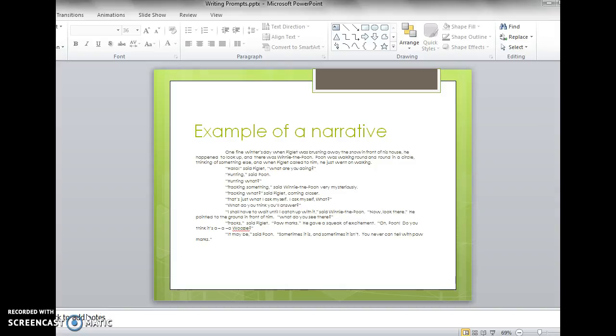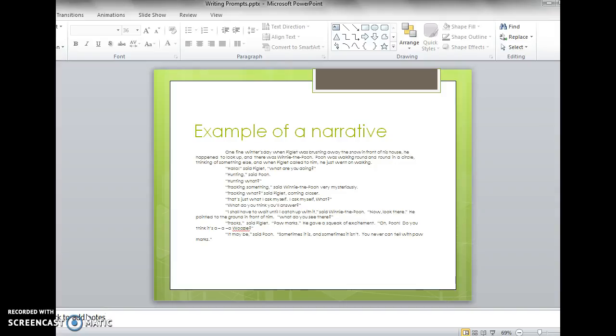I ask myself what? What do you think you'll answer?" "I shall have to wait until I catch up with it," said Winnie the Pooh. "Now look here." He pointed to the ground in front of him. "What do you see there?" "Tracks," said Piglet. "Paw marks." He gave a squeak of excitement. "Oh, Pooh, do you think it's a woozy?" "It may be," said Pooh. "Sometimes it is, and sometimes it isn't. You never can tell with paw marks."